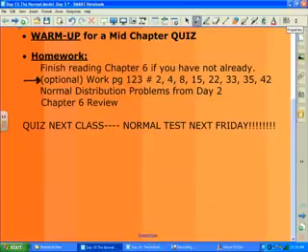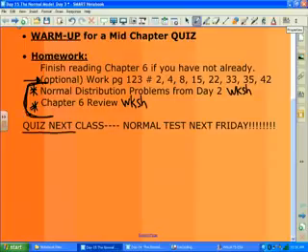This book page is optional, okay? I definitely want you to do this normal distribution page day 2. That's a worksheet. And this Chapter 6 review is also a worksheet. I want you to do that worksheet. Those are the two things that I definitely will expect that you have gone through by next class.